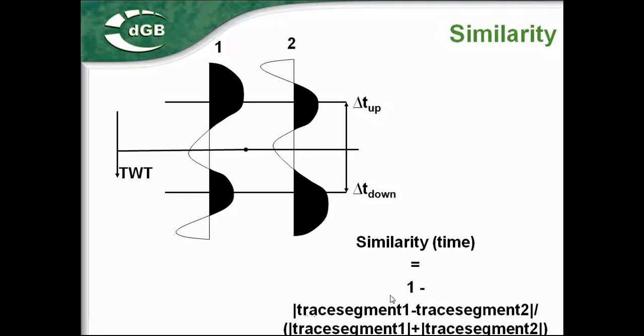Then we divide by a normalization term to make sure that the range is between 0 and 1, and then we do a 1 minus to make sure that when your seismic data is absolutely continuous, you output a 1.